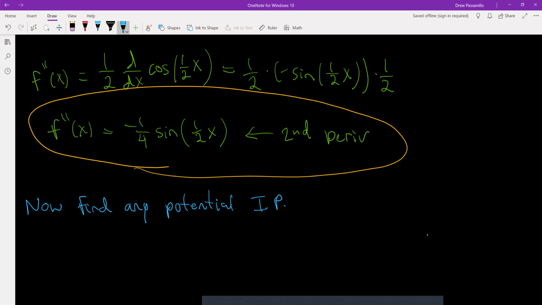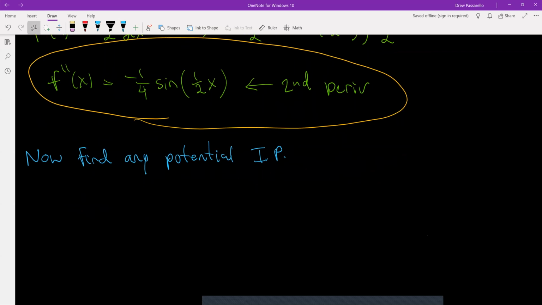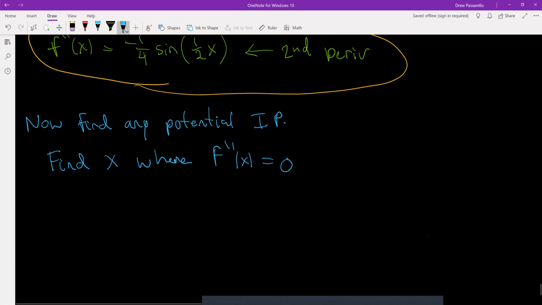So we only worry about when the second derivative equals 0. I'm going to find x where f double prime of x equals 0. All right, so we set negative 1/4 sine of 1/2 x equal to 0.